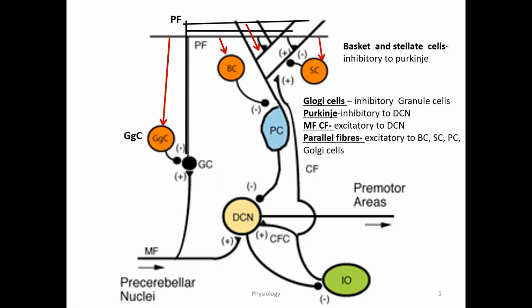So this is again repetition. As you know, all the four types of cells present in the cerebellum are inhibitory, except the granular cells.